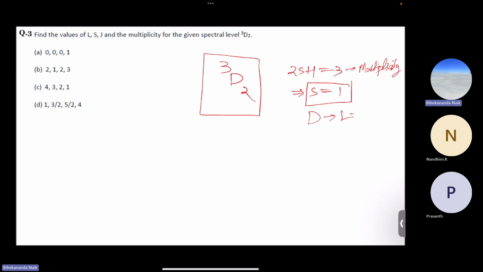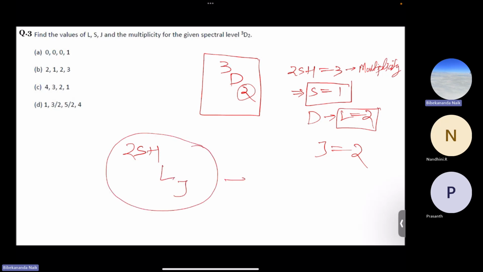For D, L equals 2, and J is nothing but this subscript, so J equals 2. So if you compare it with the spectroscopic notation 2S plus 1, L, J, you will find S equals 1, L equals 2, J equals 2, and the multiplicity is 3.